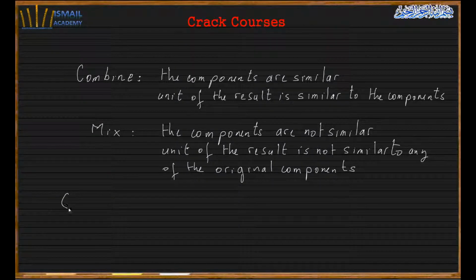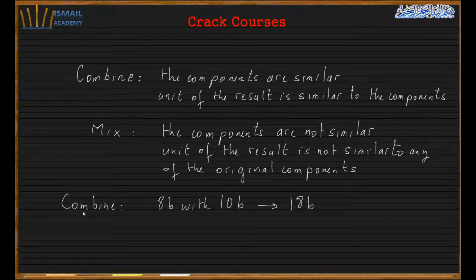With combine, the amount of each component increases. If you remember, we combined 8 banana with 10 banana and got 18 banana. This amount increased to 18, and this amount increased to 18. So the result of combine is bigger than the amount of each component. With mix, the amount of each component stays the same.